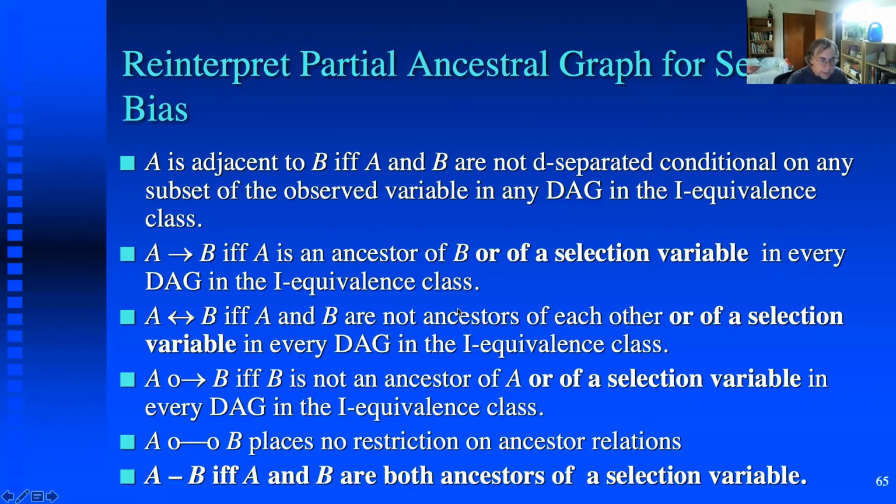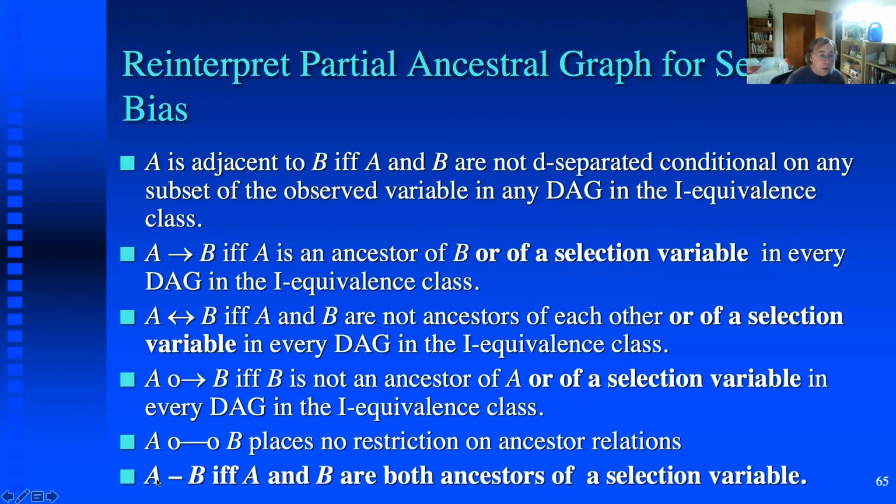Now every independence that we look for is one that's in our sample, and so we've conditioned on S equals 1. So as before, where we said if we had A arrow B in our PAG, that A was an ancestor of B, here we would change it to say it's either an ancestor of B or an ancestor of a selection variable. And similarly, everywhere we said ancestor, we would change it to include 'or of a selection variable.'